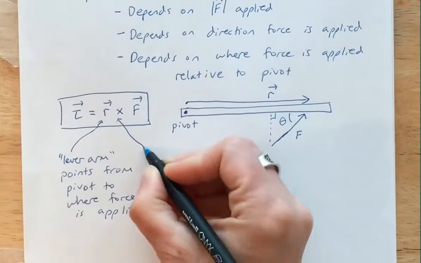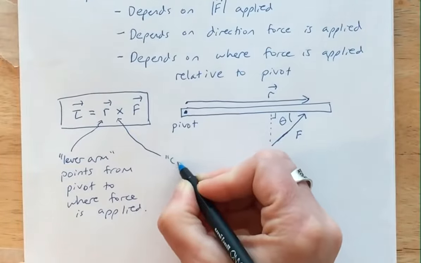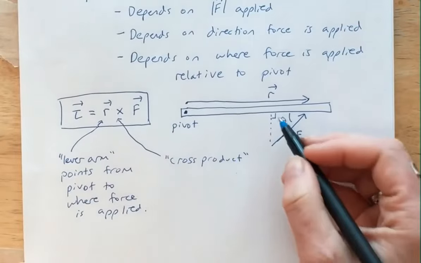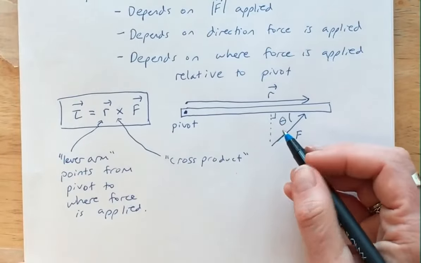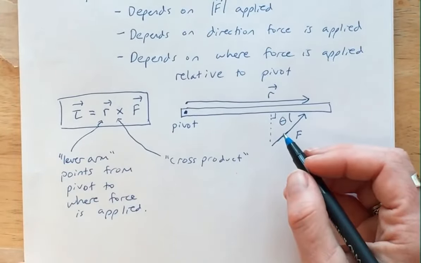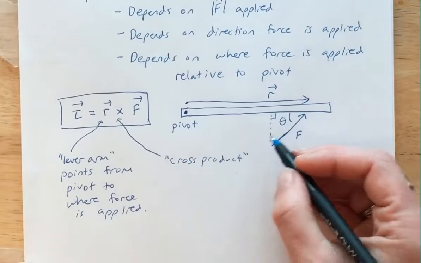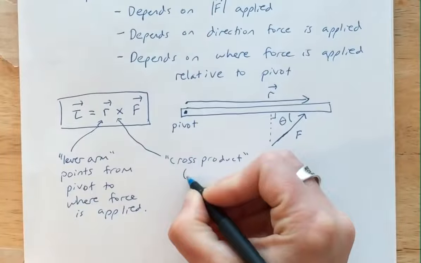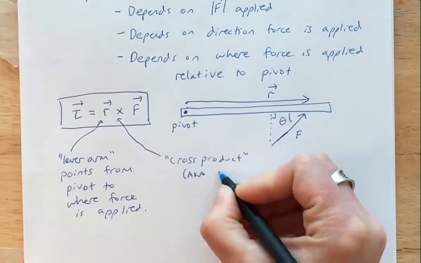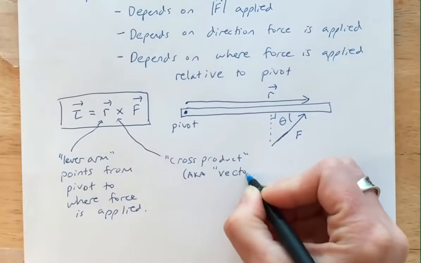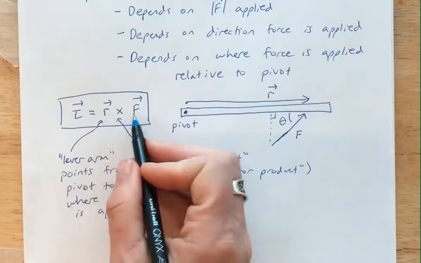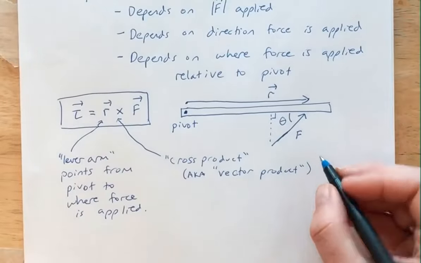It's going to be the way that we multiply vectors that results in us caring about our perpendicular components. If you remember the dot product that we used for work, that took parallel components. The cross product is going to take perpendicular components. The cross product is also known as the vector product because it actually results in a vector. So you multiply your two vectors and you still end up with a vector.